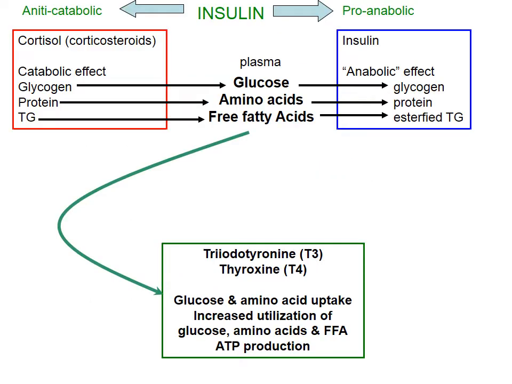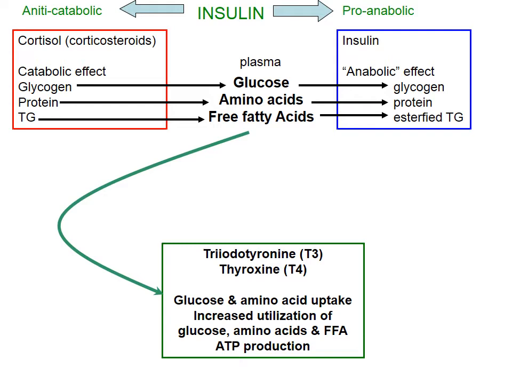If we look at insulin at the very top of this slide, we can kind of characterize it in two ways. We can call it anti-catabolic or pro-anabolic, which in some ways are two synonymous terms. But let's look to the left. Catabolic effect would be taking glycogen and breaking it down to glucose, or taking proteins and releasing the individual amino acids, or taking triglycerides and breaking them down into their individual free fatty acids.